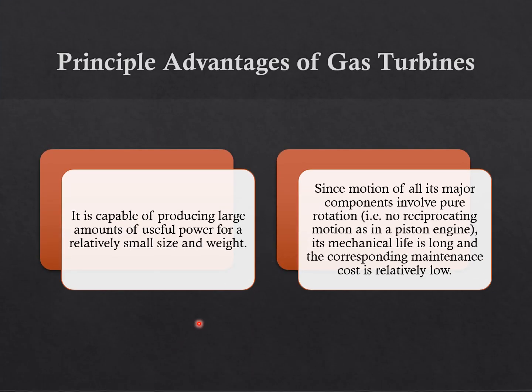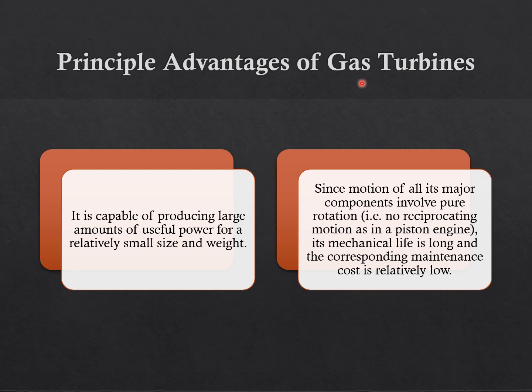So, the principal advantages of gas turbines. Even though we can use gas turbines in many different kinds of applications, we use them especially if you need a really, really large amount of power. Why?